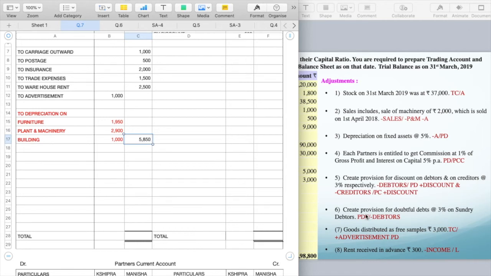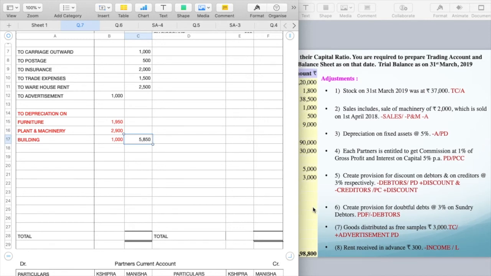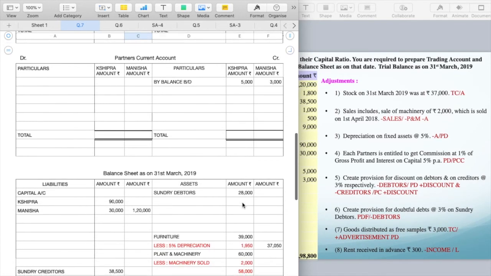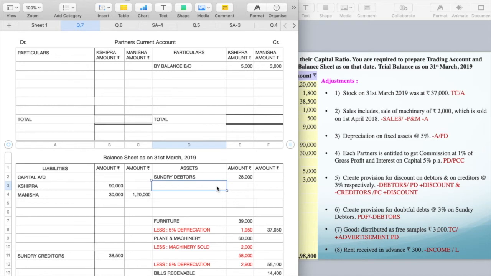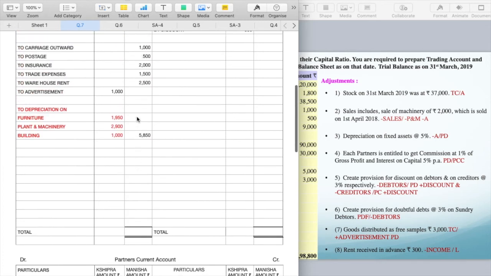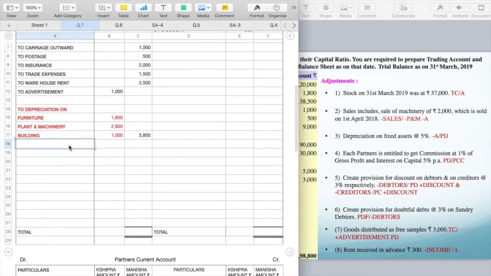Okay, so create a provision for doubtful debts at the rate 3% on the sundry debtors. So from here less 3% new RDD. So on 28,000 if we calculate 3%, amount will be 840 and the balance will be 27,160 in the inner column. Now second effect will go to profit and loss account debit side.